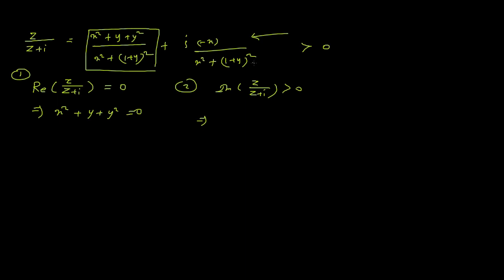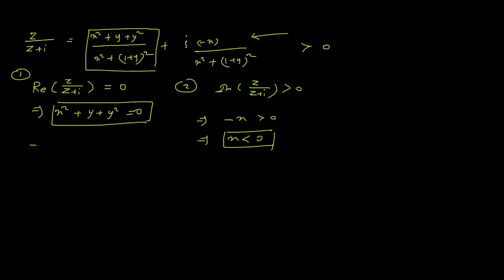So it's already greater than or equal to 0. That means the numerator has to be greater than 0, and minus x is there. So minus x greater than 0, that means x is less than 0. So these two conclusions we are getting.